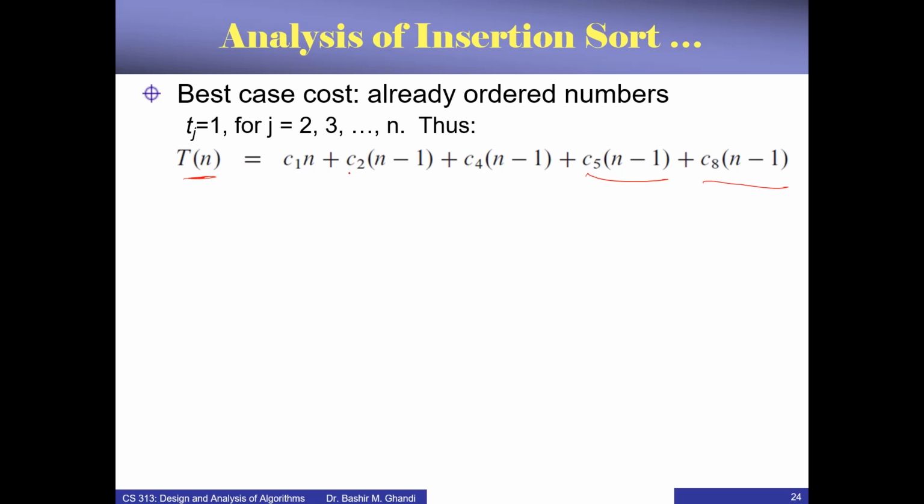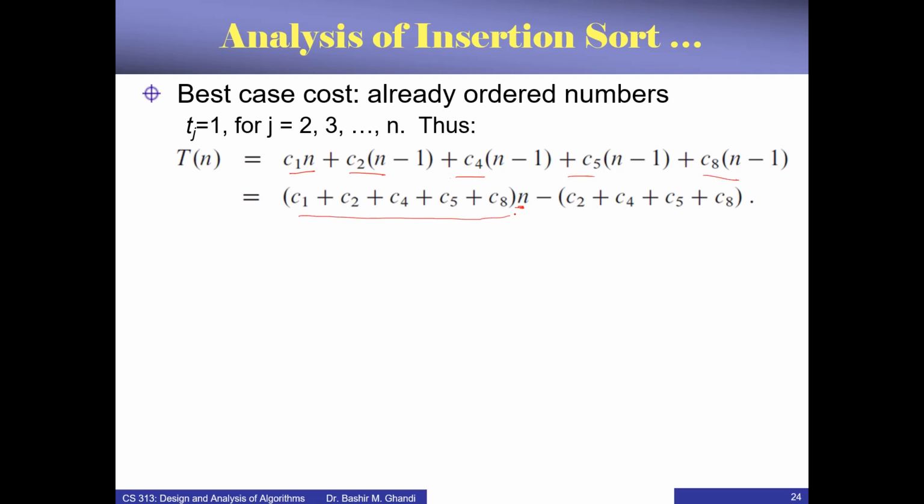So our function now is completely in terms of n. And therefore, we can collect the like terms to try and simplify it. If you do that, this is what you have. The terms involving n are going to be C1n, C2n, C4n, C5n, and C8n. So if you factor out the n, we will have this. The terms without n, they are all negative.